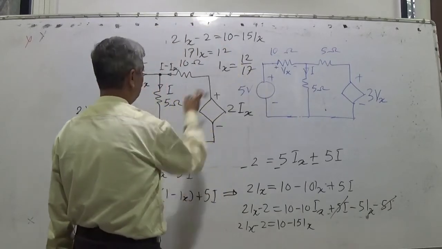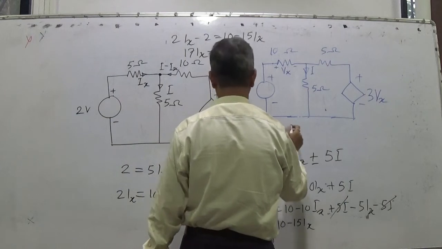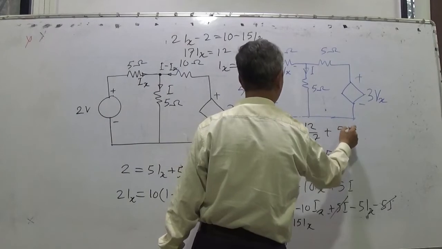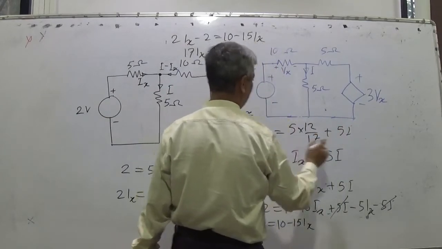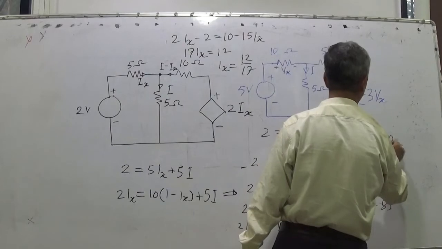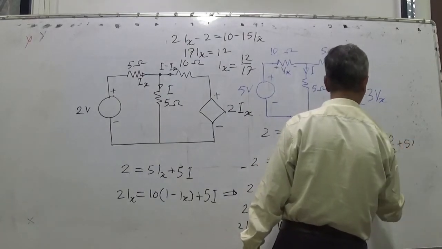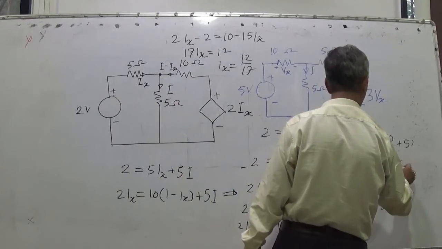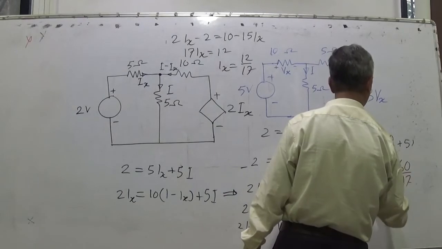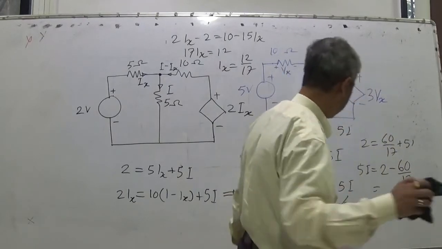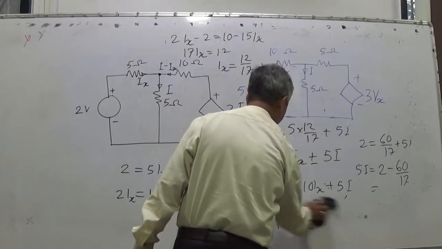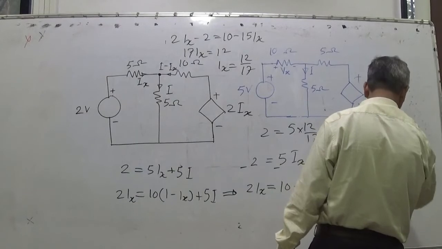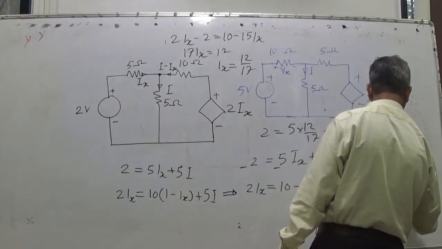So putting Ix equal to 12 by 17 here, 2 is equal to 5 into 12 by 17 plus 5I. So that is 60 upon 17 plus 5I. 5I is equal to 2 minus 60 upon 17, which is 34 minus 60, that is minus 26 upon 17.